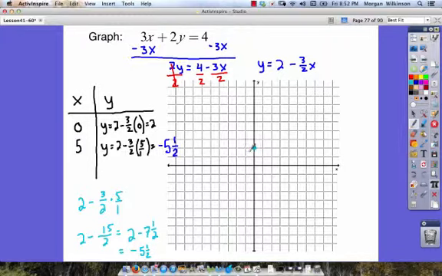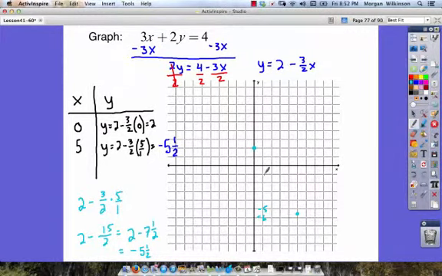We can graph halves just as easily as we can graph wholes. So x is 5, right here. Okay, we're going to erase that dot though. So x is 5, and y is negative 5 and 1/2. The half will just go halfway between negative 5 and negative 6 on our scale.